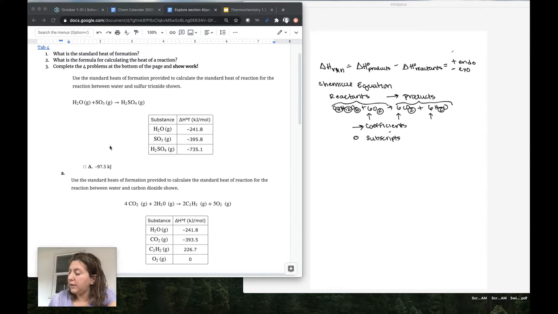Coefficients basically tell us the number of moles that we have, and that's going to be important when we're calculating the standard heat of formation or the enthalpy of the reaction, how much energy is in this reaction, right? Subscripts basically tell us the number of atoms, not elements, atoms.